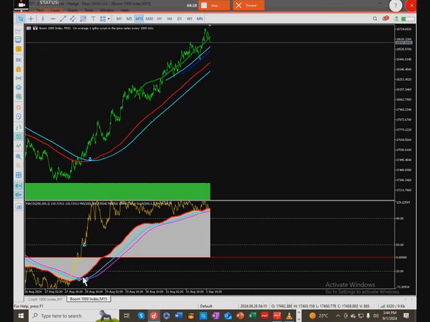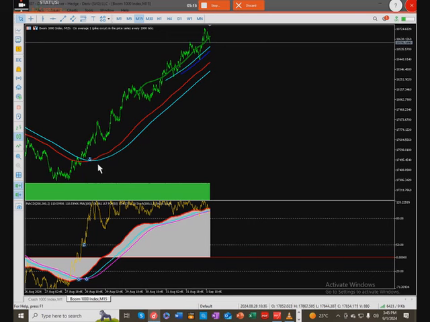The signal line of that MACD is the red part on the MACD. When that signal line crosses above these two moving averages, then you take your buy.